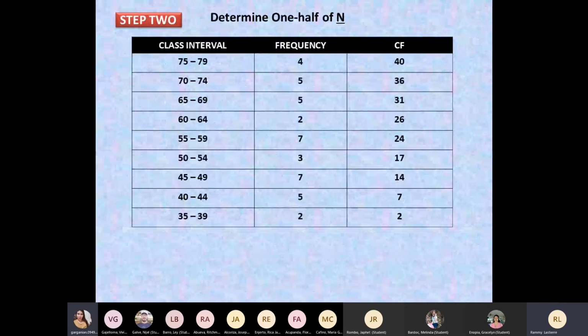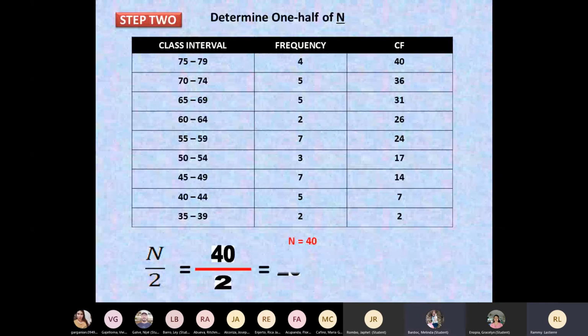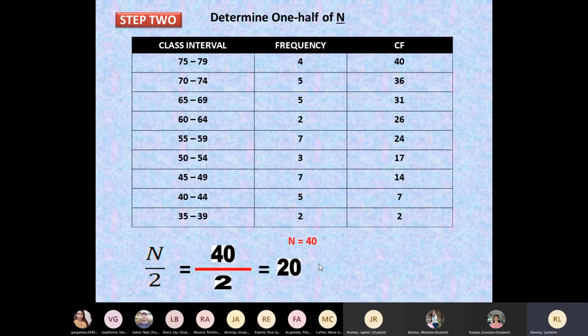N divided by 2 is 20 since N is 40. Now identify in our distribution table in which of these classes the median falls. If we take the class 50 to 54, that is wrong since N divided by 2 is 20 and the cumulative frequency is only 17.